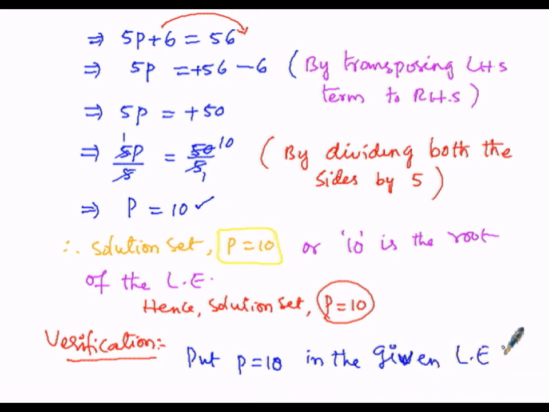The given linear equation is (3p minus 2) overall divided by 7 minus (p minus 2) overall divided by 4 is equal to 2. So this is the given linear equation.